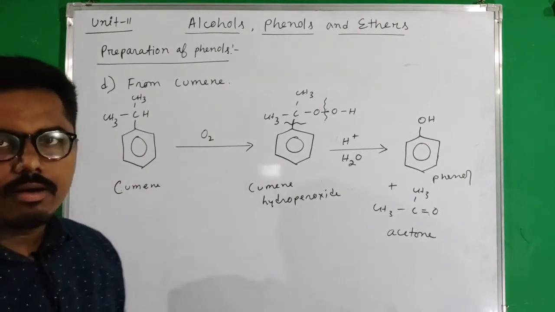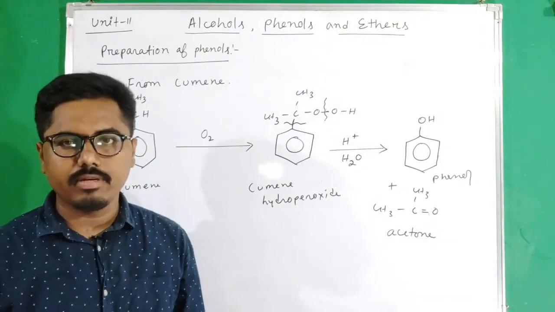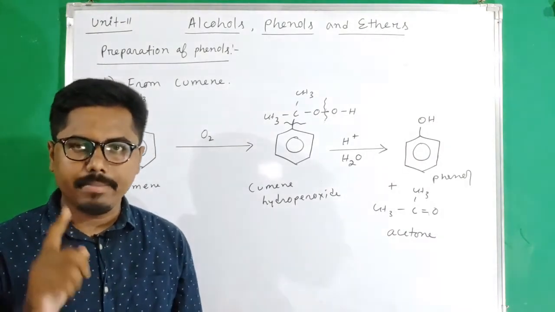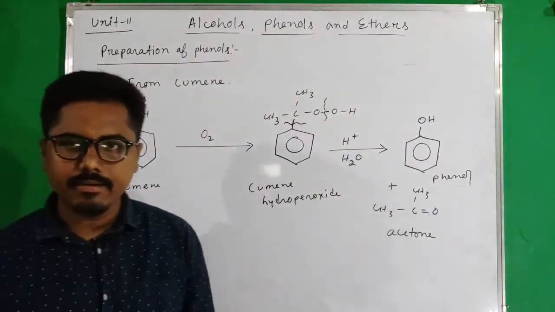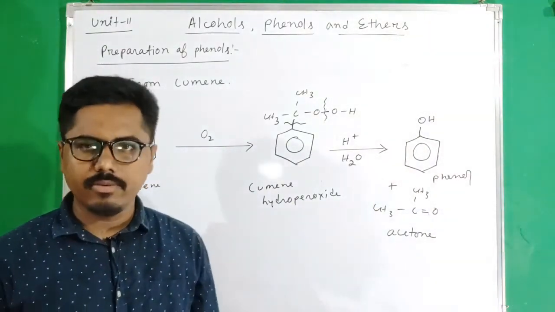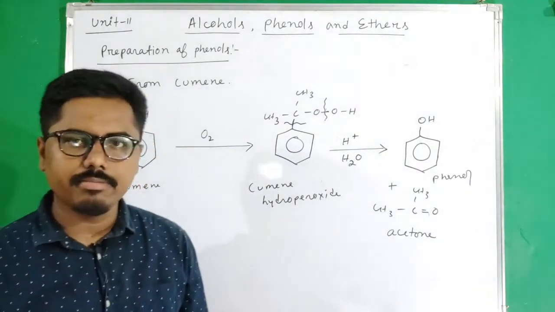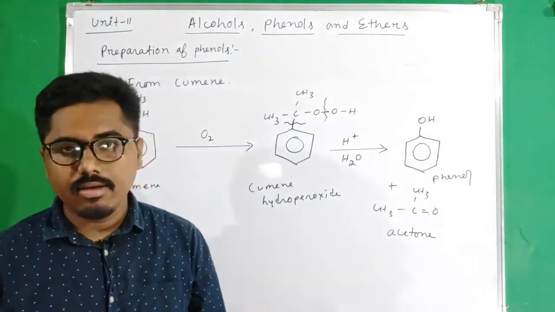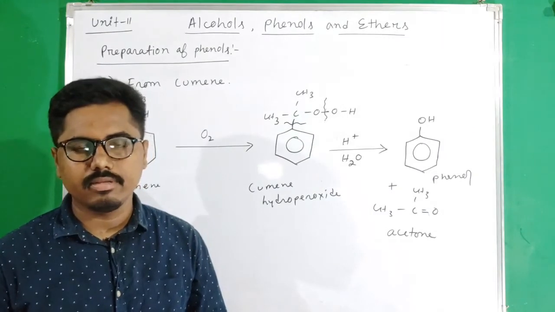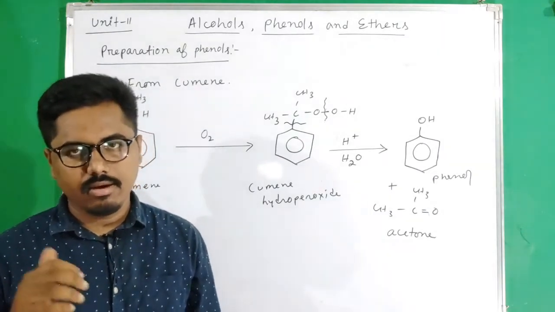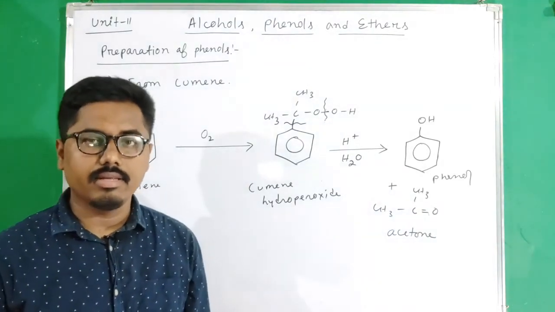So we have studied 4 methods for preparation of phenol. In the first method we converted benzene into benzene sulfonic acid, and after that on treating benzene sulfonic acid with sodium hydroxide followed by hydrolysis, the final product is phenol. Then we converted chlorobenzene into phenol, a reaction you have already studied in chapter 10, haloalkanes and haloarenes.